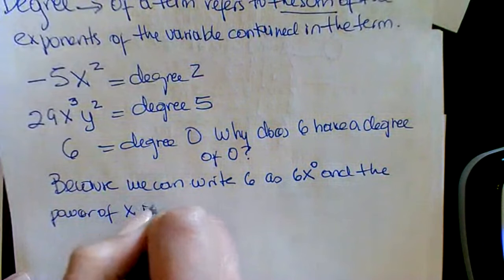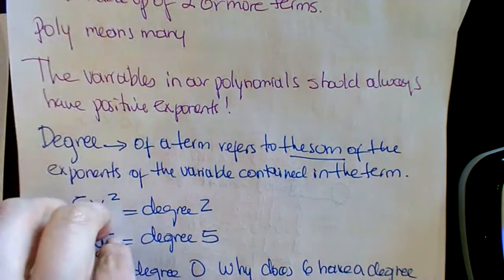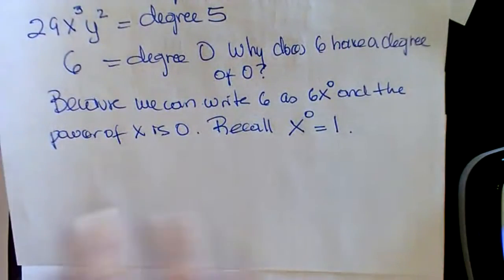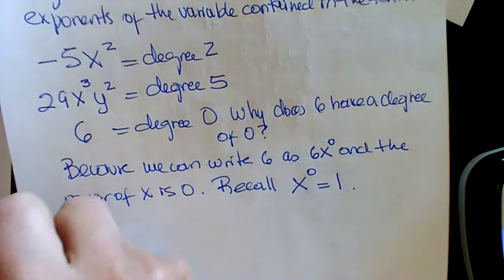Okay? Now, this is the degree of a term. The degree of a term refers to the sum of the exponents. Now we're going to do the degree of a polynomial.